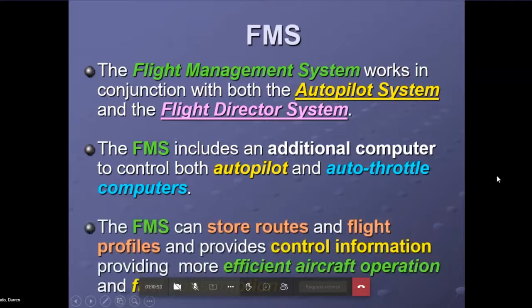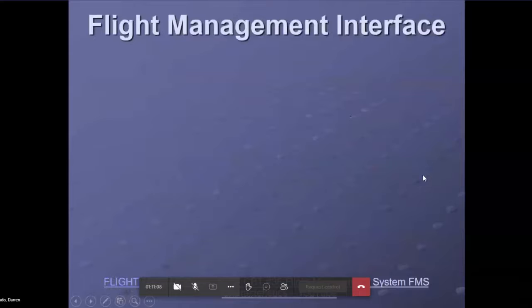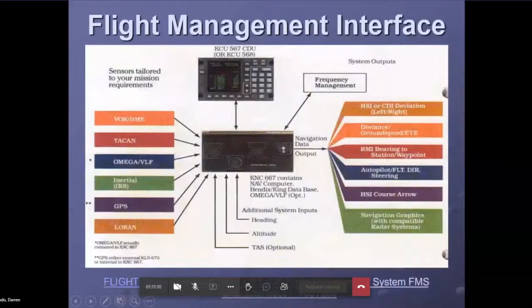What else can it do? Well, it can do lots. It's quite sophisticated. It can store routes, flight profiles, provide information from your employer, basically from the base, all for efficient aircraft operation and fuel consumption. So the interface, and it's an older interface.